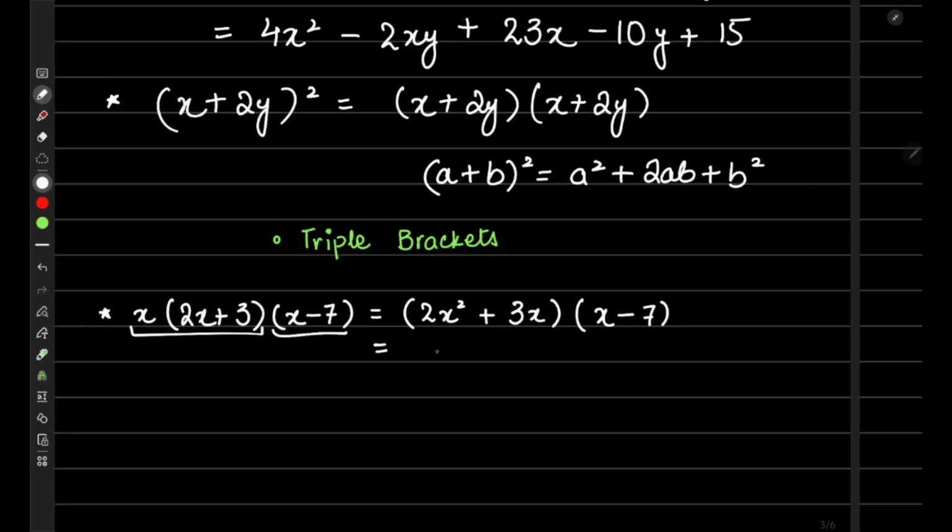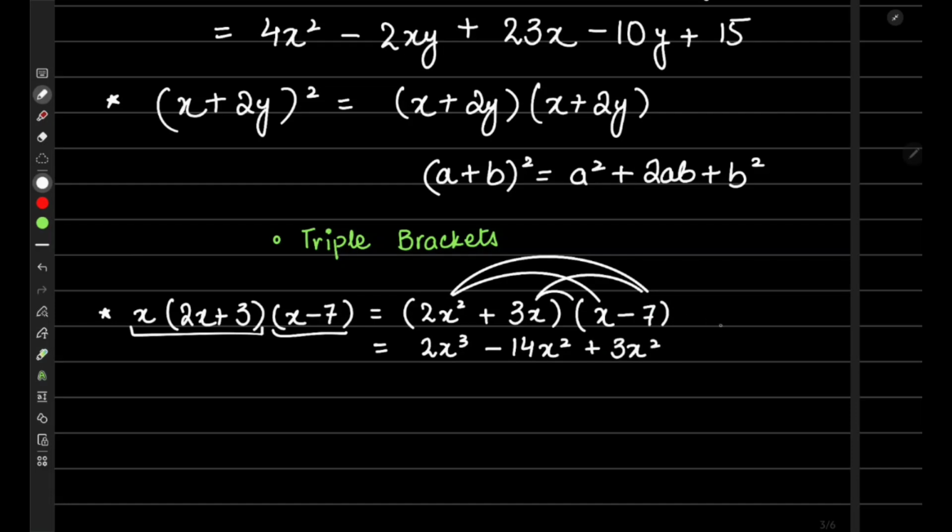So 2x square times x gives you 2x cube. Then 2x square times minus 7 gives you minus 14x square. Then 3x times x gives you 3x square.